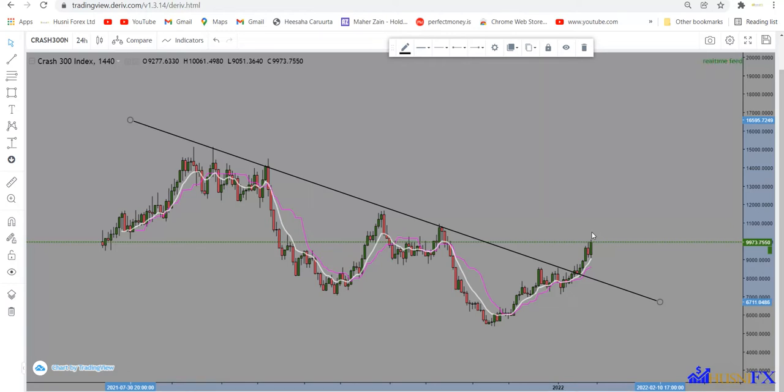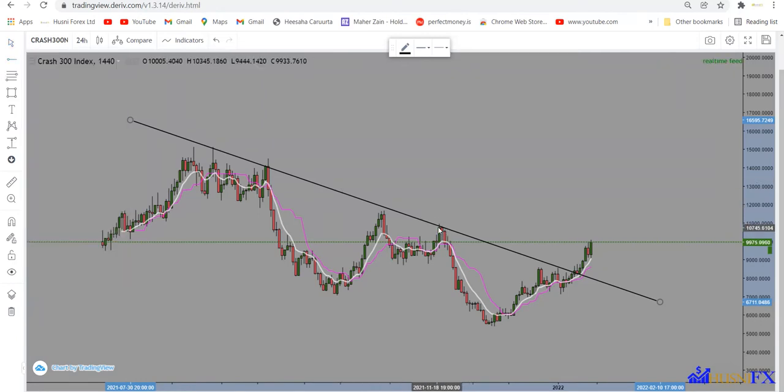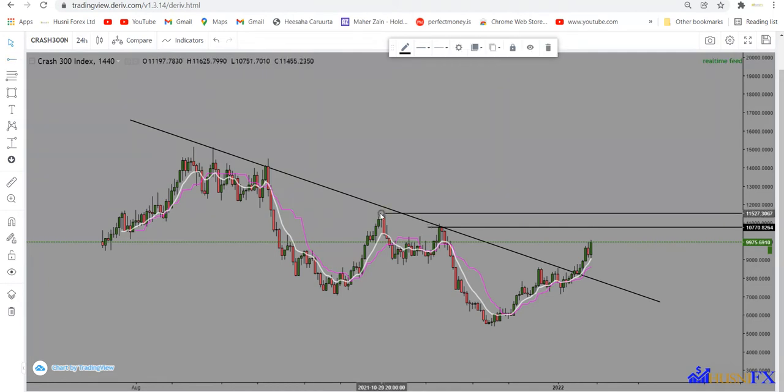So you can see that the price is not at the resistance, but where it is targeting is these zones. Let me show you. Here is where this market wants to reach. So this market will go till that zone, and it can also break that zone.